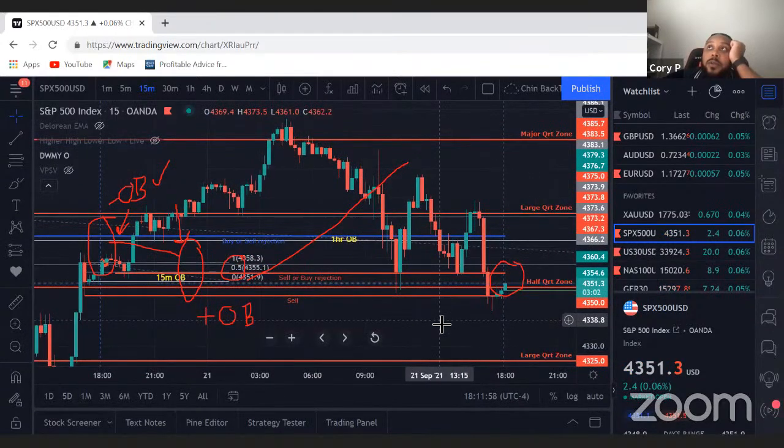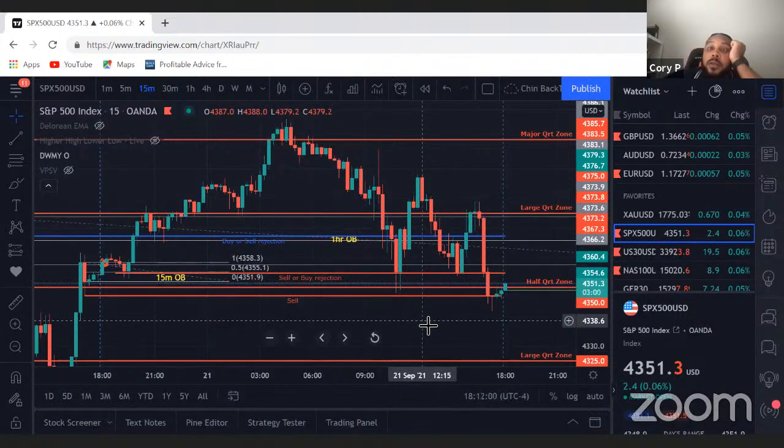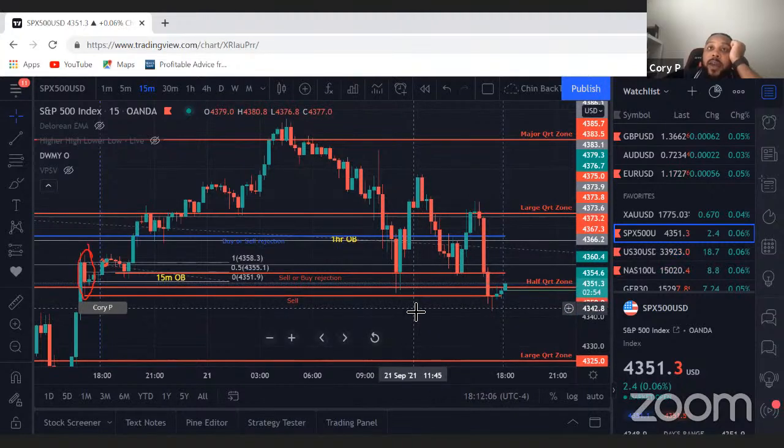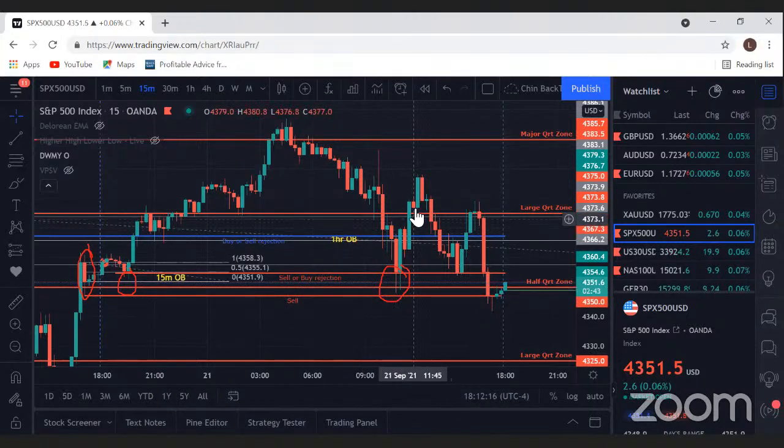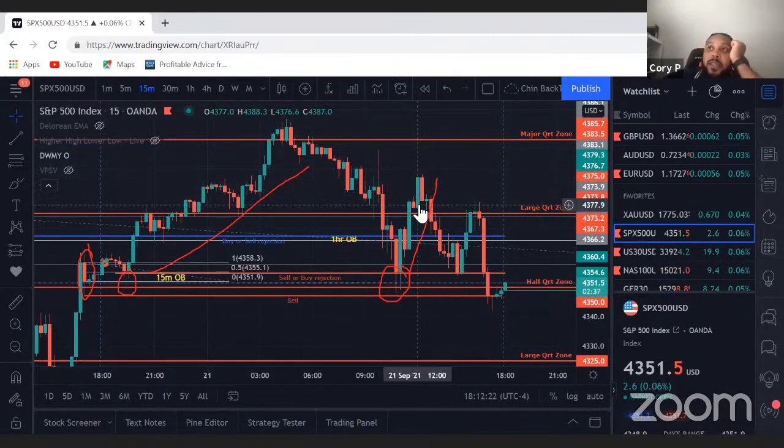At this point, you had this move, you had that order block, this move right here. Then you had this move that reacted to the same area. And that's where I bought this morning, around 11. Even had this little area right here. All the same order block.